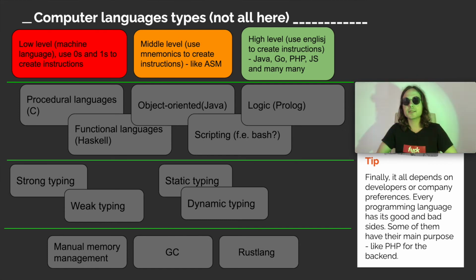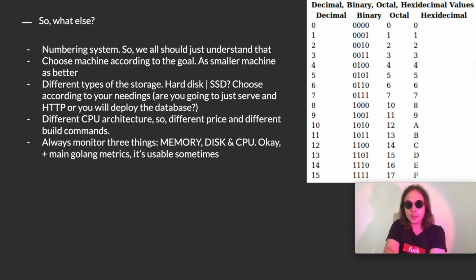So let's go to the final step, about programming machines. When you are a backend developer, you will probably use some kind of cloud platform like Google Cloud or AWS or DigitalOcean, etc. And then you will choose a machine that exactly fits your needs.